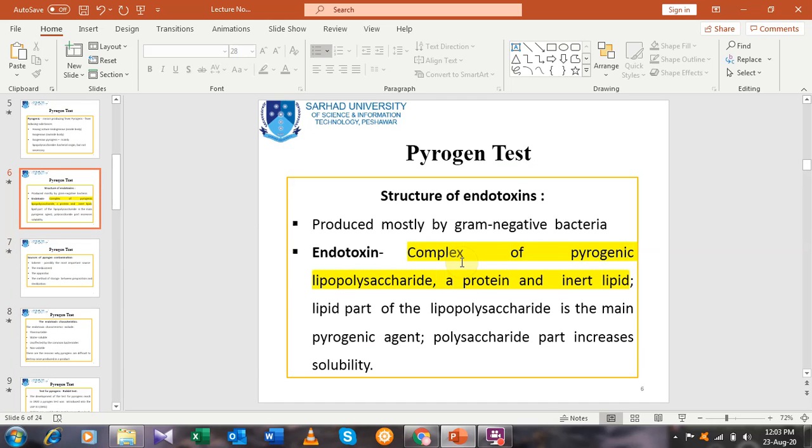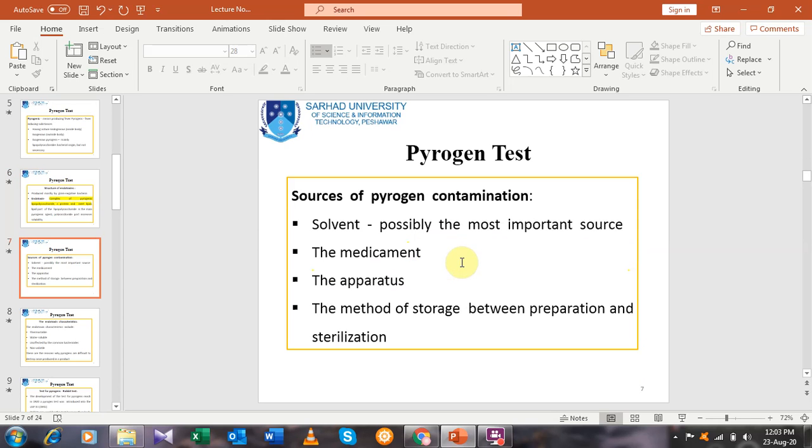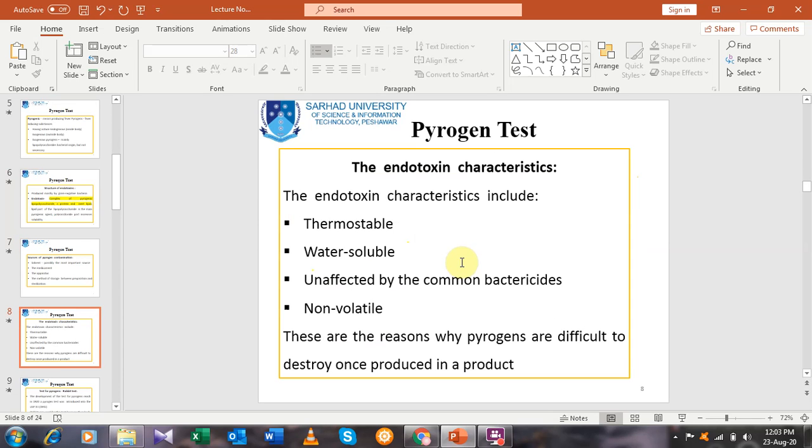Endotoxin is the main part of the pyrogenicity, as we have discussed in this slide. That is the main pyrogenic agent, the lipid part and the endotoxin. If one pyrogen, it means the endotoxin, enters inside the formulation, there are salient characteristic properties of the endotoxin.